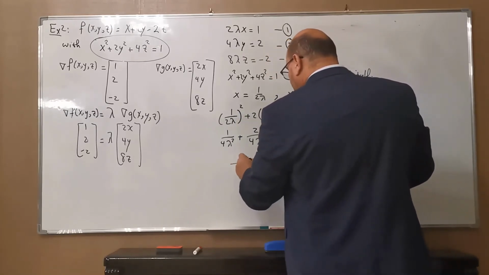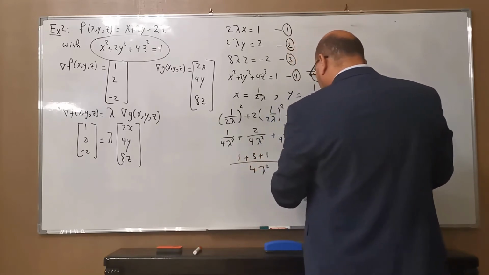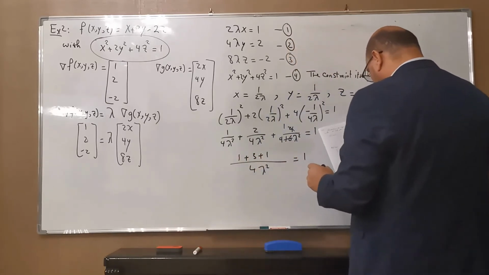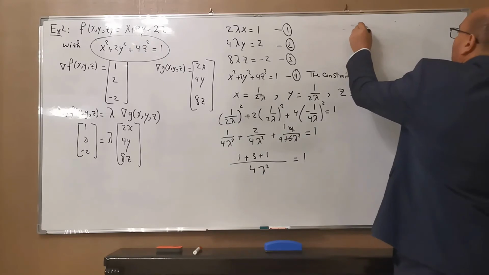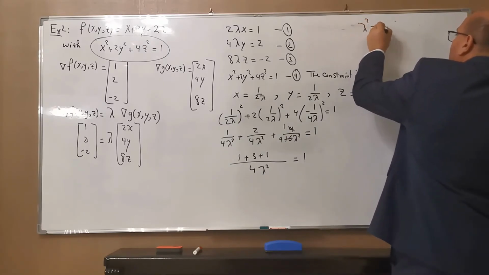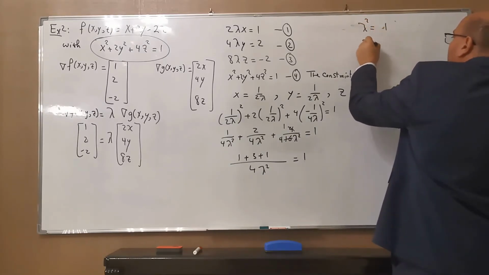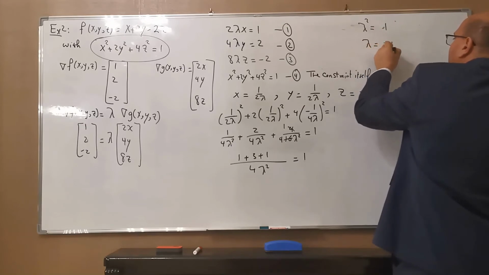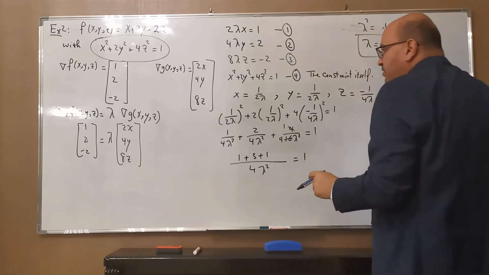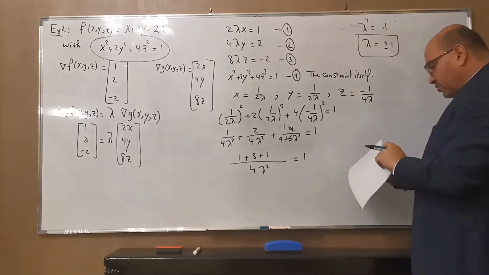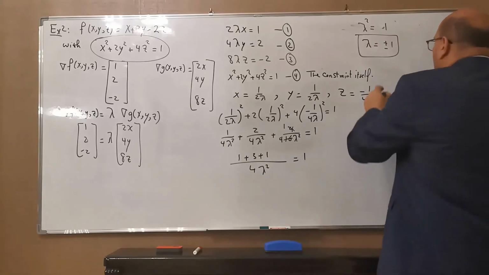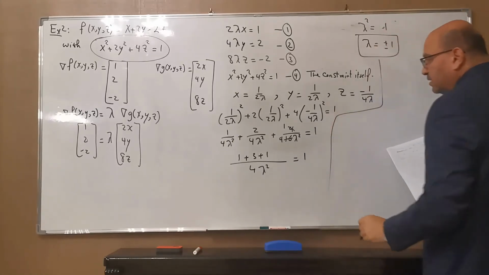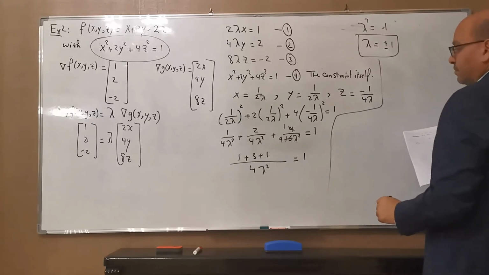So you have 1 plus 2 plus 1 equals 4 lambda squared, so lambda squared equals 1, or lambda equals plus or minus 1. So you have two solutions actually. We have to look at those two solutions and see what will happen.